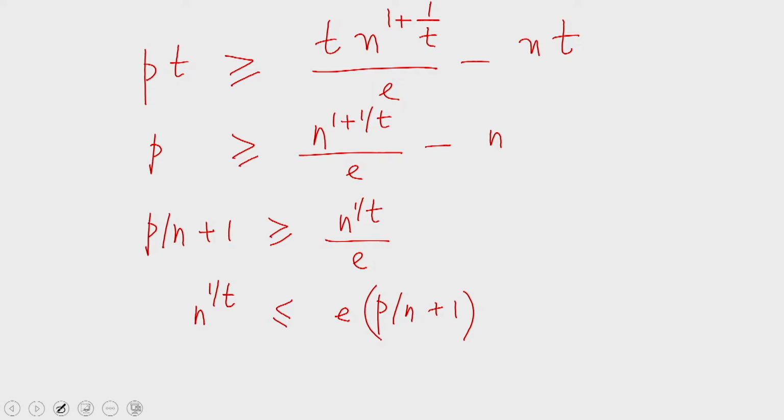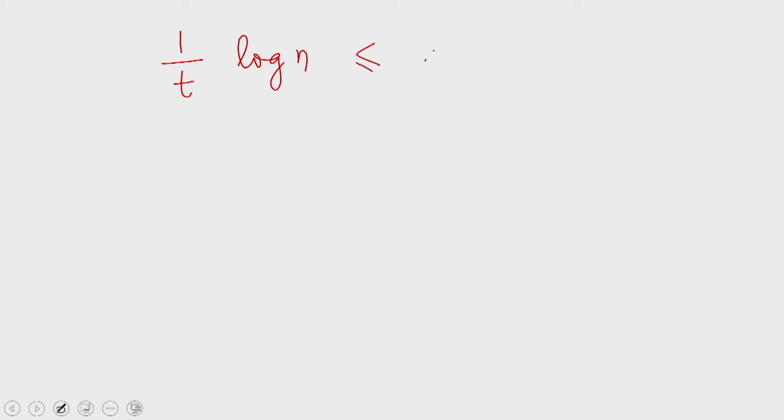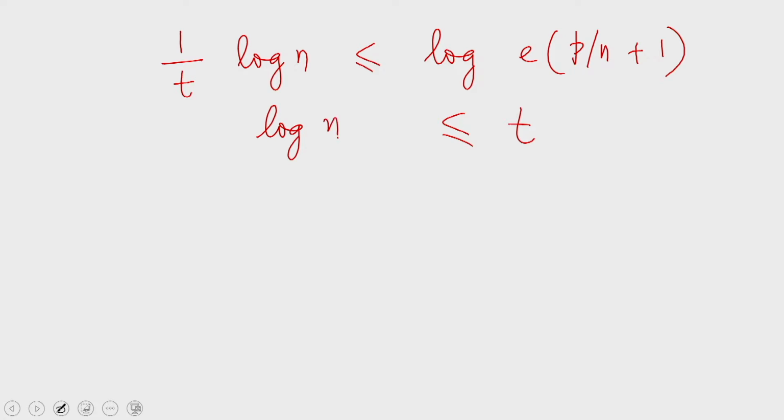If you take logarithm on both sides, you have 1 by t times log n less than or equal to log of e times (p by n plus 1), so t is greater than or equal to log n divided by log of e times (p by n plus 1).